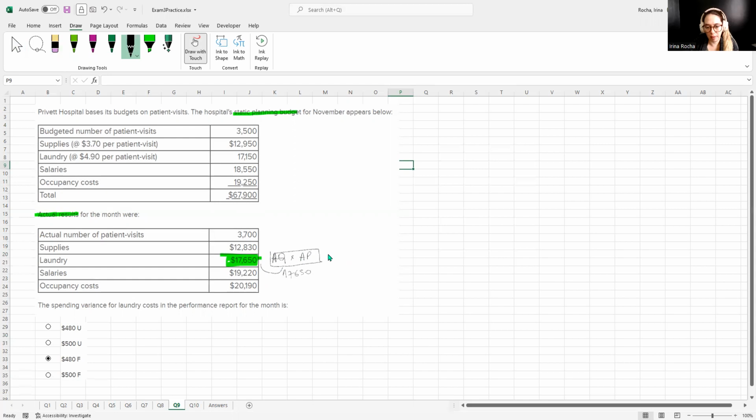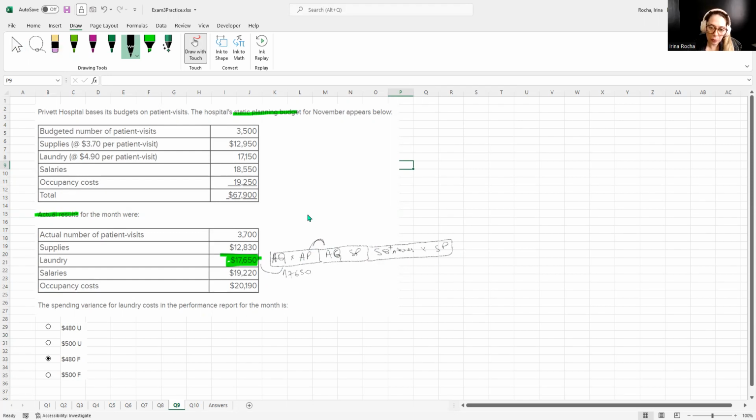Then we have actual quantity at standard price, and standard quantity allowed times standard price.